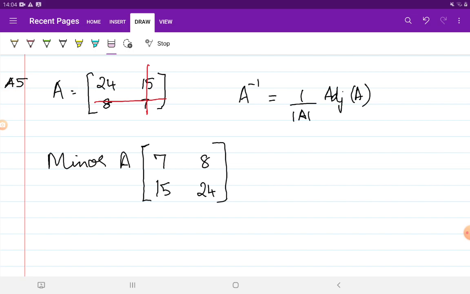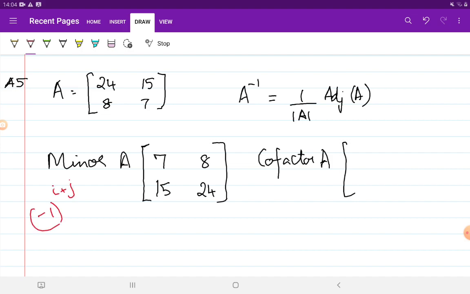Okay, so from the minor of the matrix I can get the cofactor. To get the cofactor of matrix A, I'm going to assign the appropriate sign to each element. So remember, to each element you add the sign minus 1 to the power i plus j, where i is the row number and j is the column number.